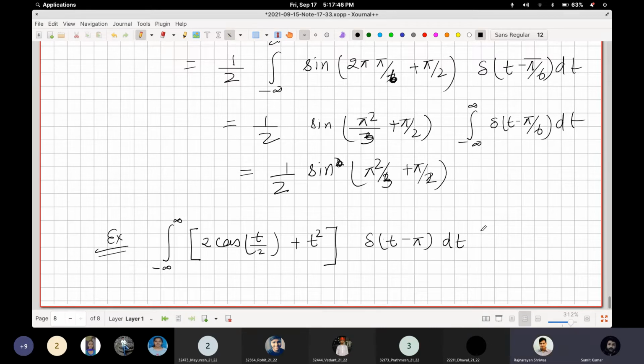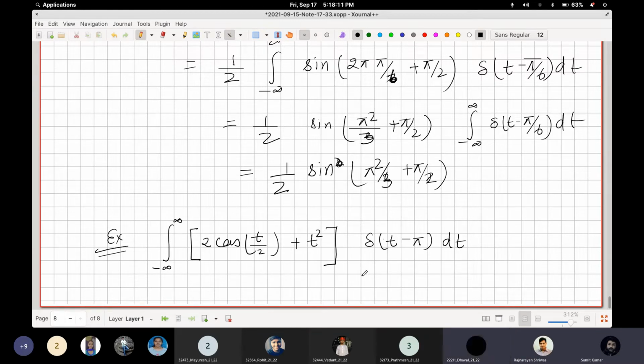It should be pi square. Guys, you have to be fast, right? You don't have to lift the pen for this kind of question. It should be pi square, right?